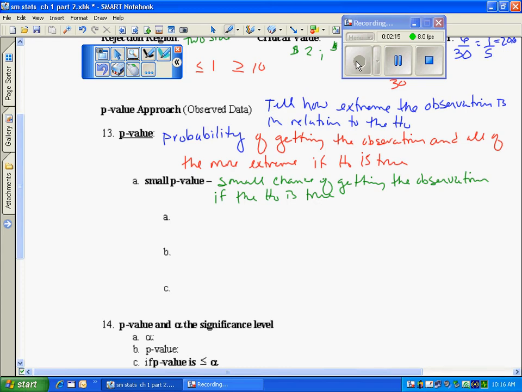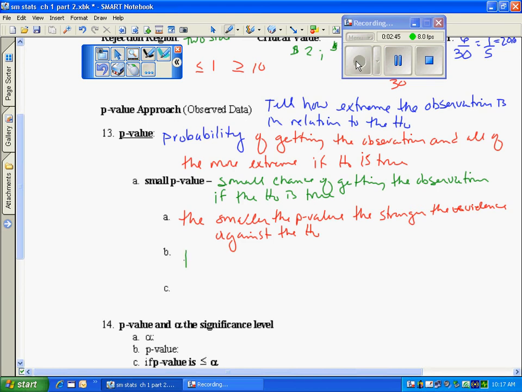A couple things about the p-value. The smaller the p-value, the stronger the evidence against the null. We'll do some examples here. Secondly, the p-value is computed from the null.